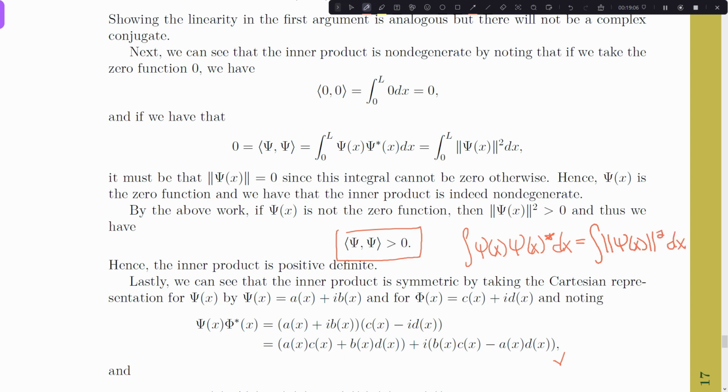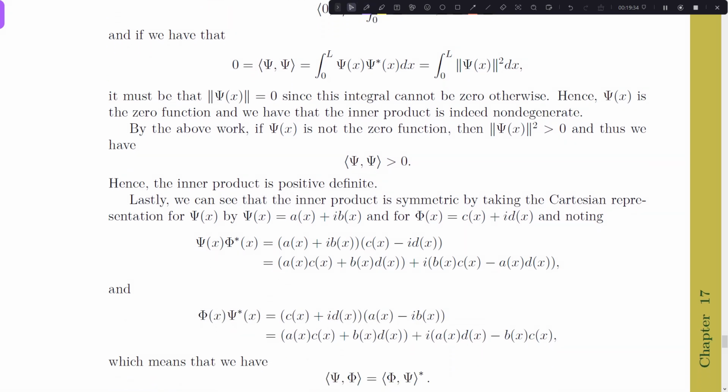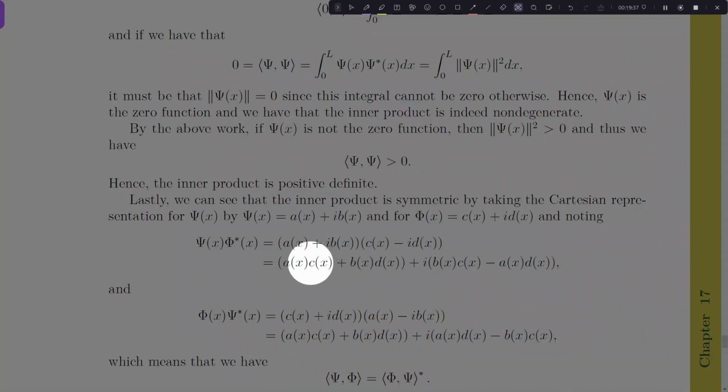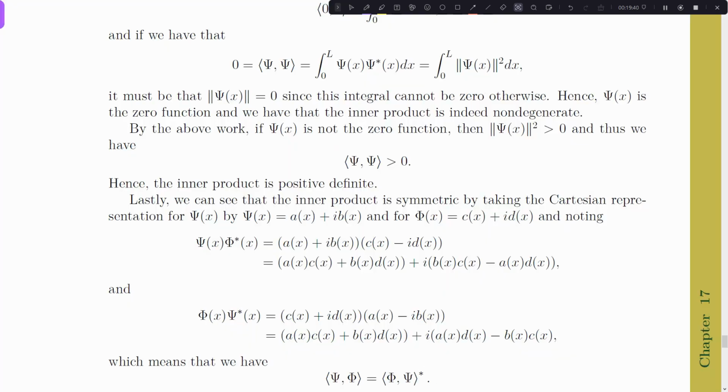And because the complex magnitude of something is always positive, I recover that the inner product of psi with itself is always positive. So that's where I gain my positivity, and we can check symmetry, or rather conjugate symmetry, directly by computing both directions, and we would find out that yes, in fact, the results are the same up to conjugation.